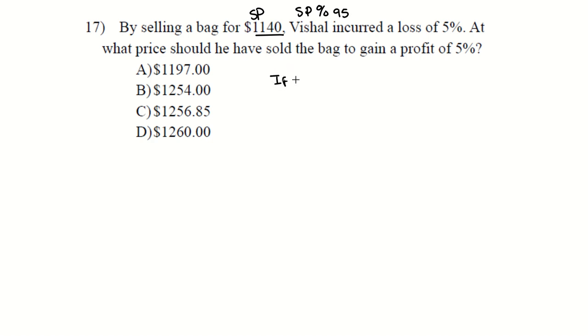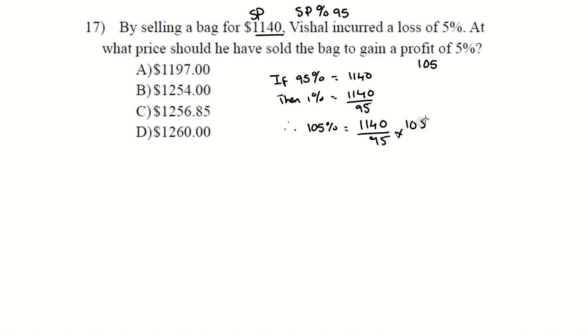So if 95% is equal to 1140, then 1% would be 1140 over 95. And we want to find, not 100%, but he makes a gain or a profit of 5%. So we want to know what is 105%. So 105% would be 1140 over 95 multiplied by 105 over 1. This is a bit of working, so let's take our time and do it.